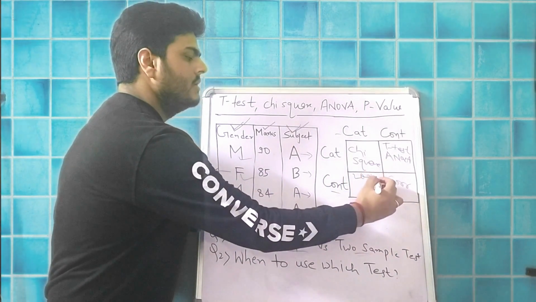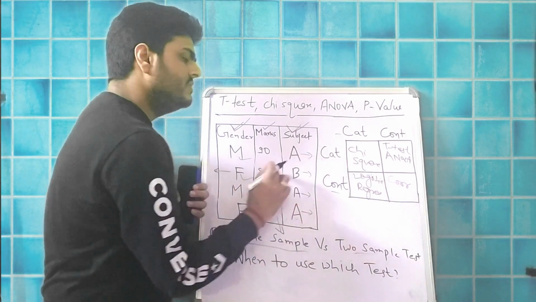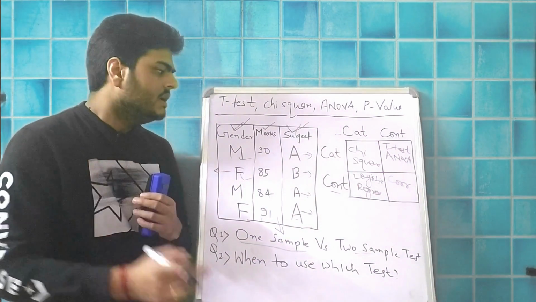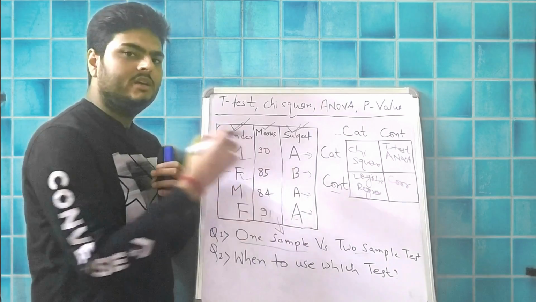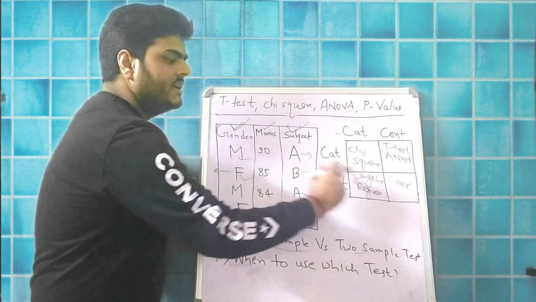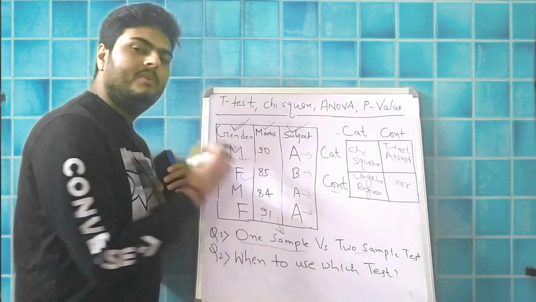Logistic regression. This is also a measure of association between this variable and this variable. Here also you will get a p-value and you can say if this variable is impacting this variable, right? So this is how, using these different techniques, you can assess the impact of one variable on another.